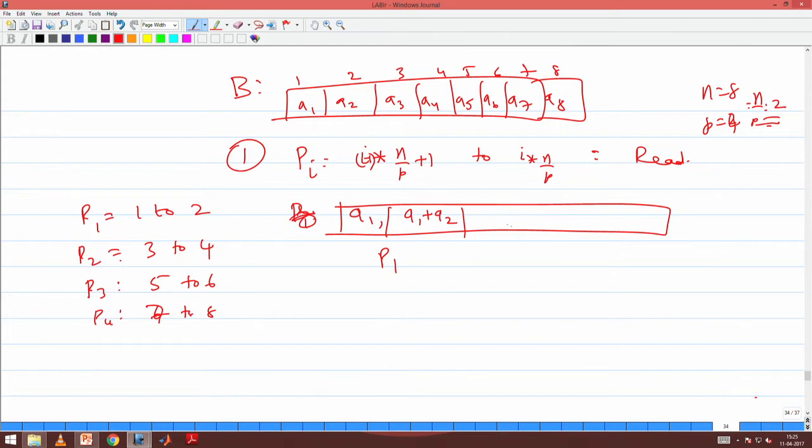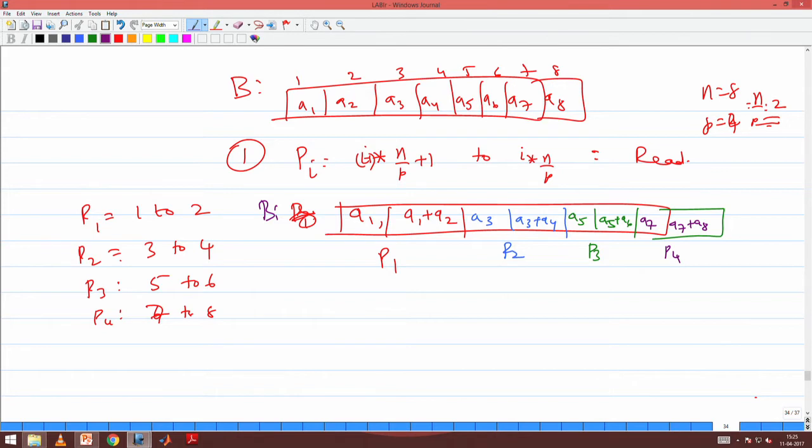A3 and A3 plus A4 will be done by P2. A5 and A5 plus A6 will be done by P3. A7 and A7 plus A8 will be done by P4. It will all do this in the same array, the B array again. And this will take two steps, n by p steps.